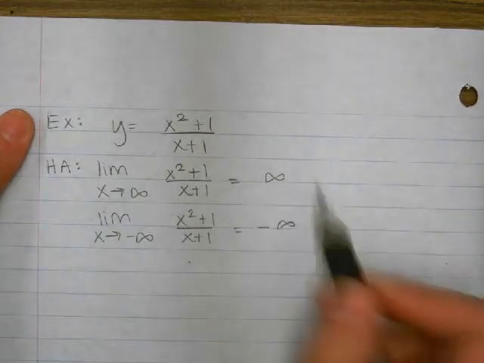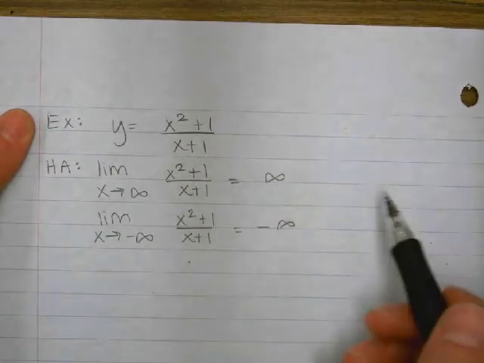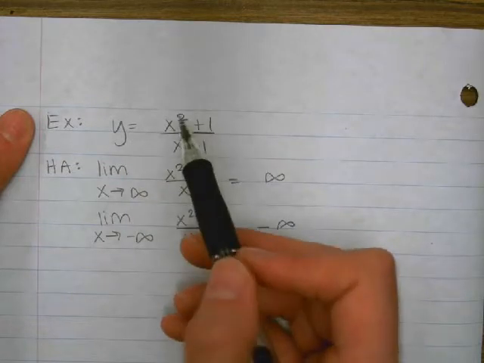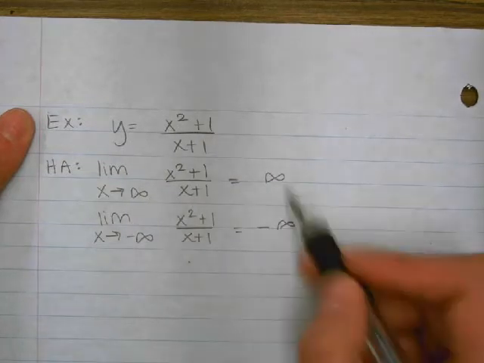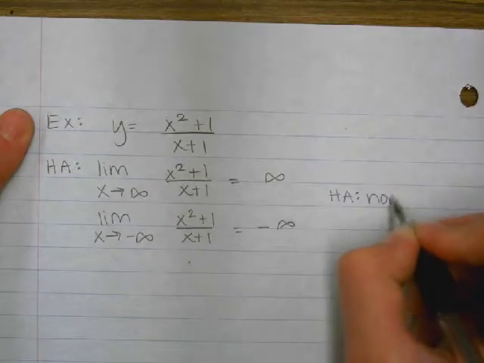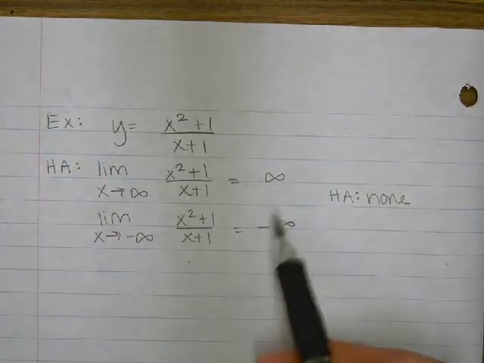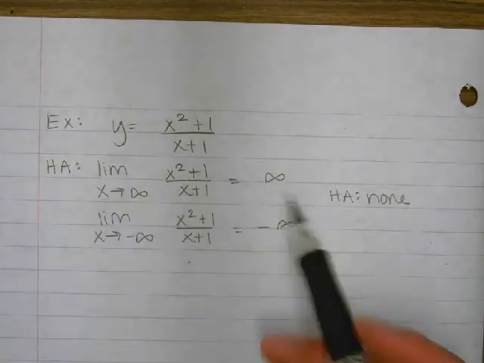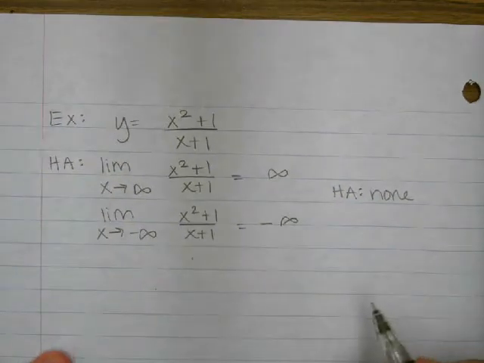So these tell us, if we hadn't already figured out that the degree on the top is exactly 1 bigger than the degree on the bottom, that there is no horizontal asymptote, because the limit for both of these technically does not exist. Both of these are unbounded.